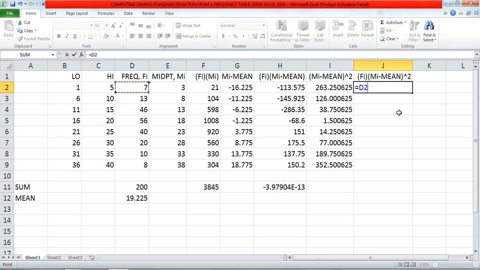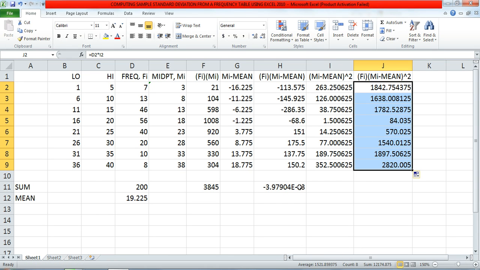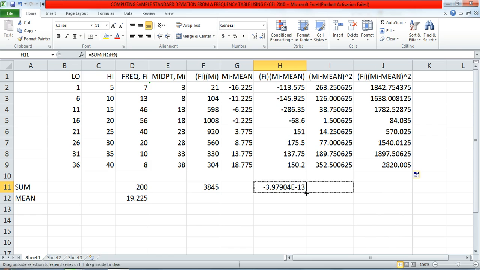That is done by computing our frequency, which is D2 again, multiplied by column I. Alright, we will copy it down. And that sum we need, I'm going to copy this across. The sum of column I, I don't want, so just delete that. But I want this column J summed up.